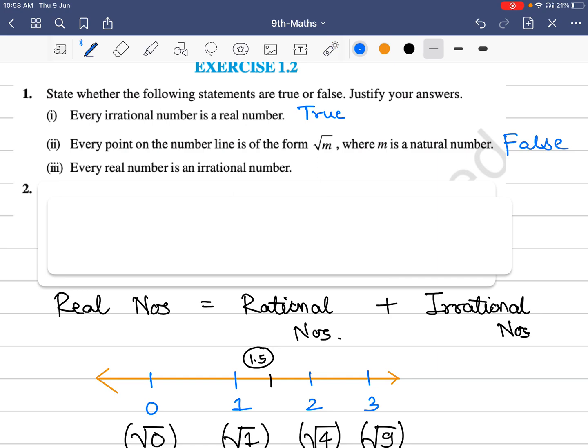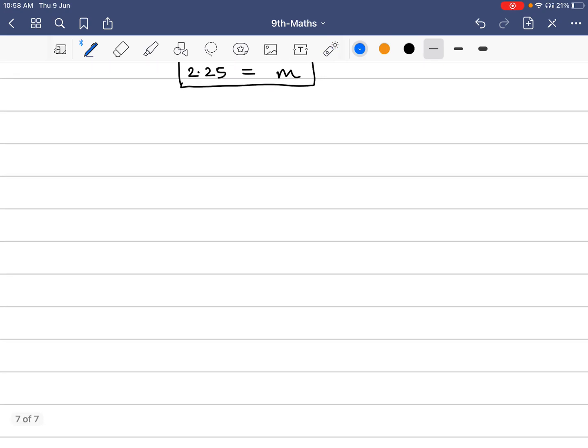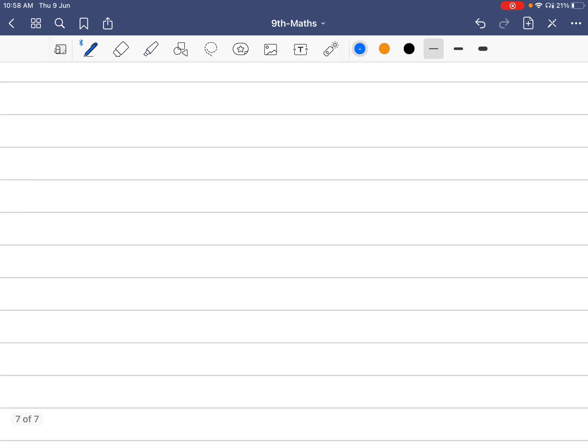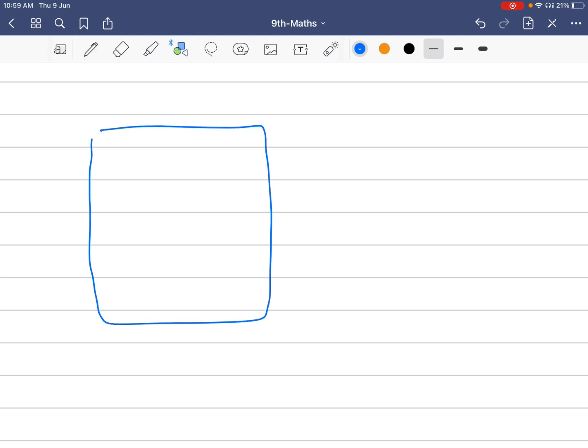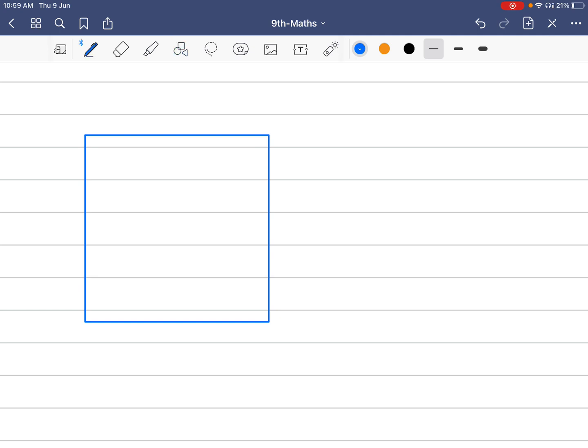So if you remember the diagrammatic representation that we had done, let's do it again. This is my box of rational numbers, and there will be a separate box of irrational numbers, because the very definition of irrational numbers is numbers which are not rational.